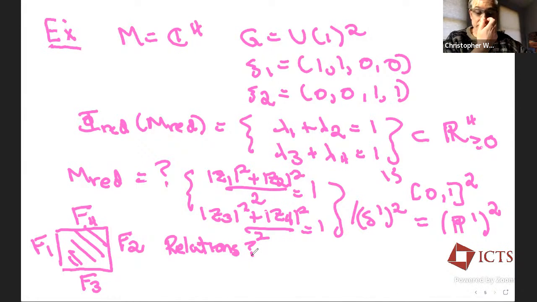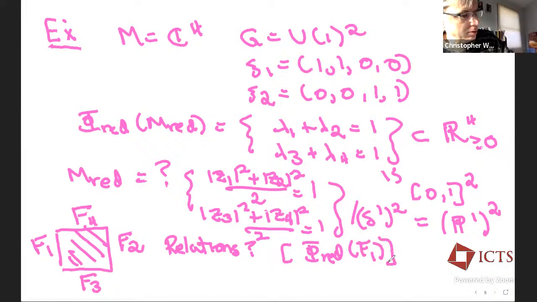Okay, well, in P1 times P1, the facets which are opposite to each other are equivalent in cohomology.